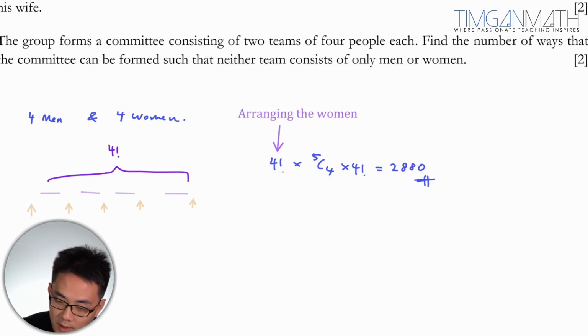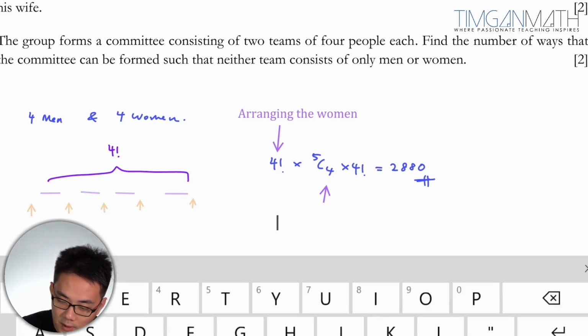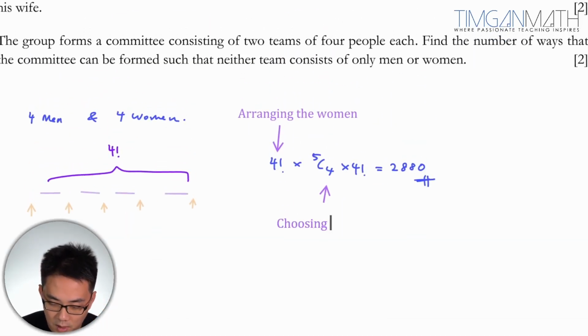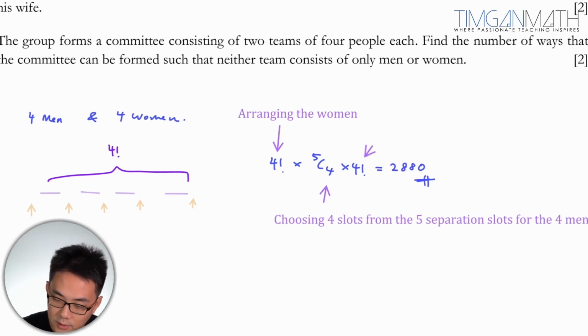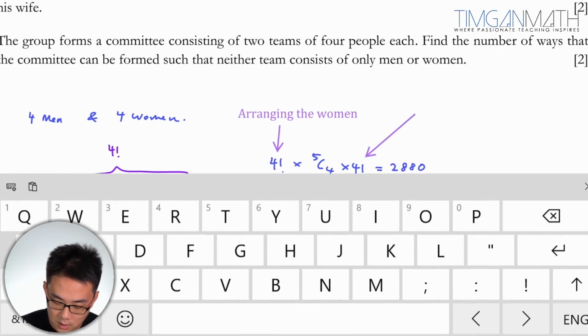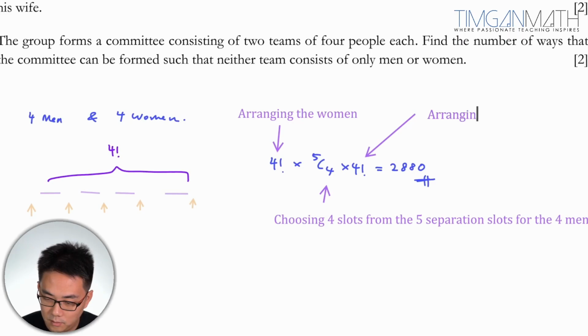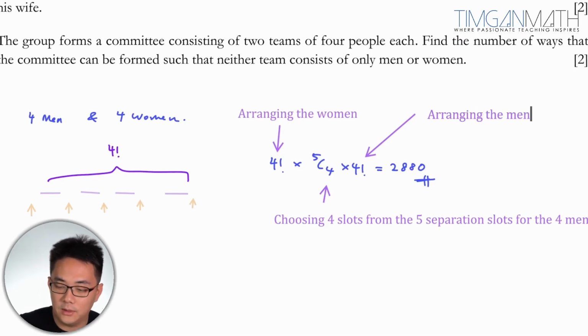This is arranging the 4 women. Then this one is choosing 4 slots from the 5 separation slots for the 4 men. Then this is arranging the men. Okay, so that's how you do this part here.